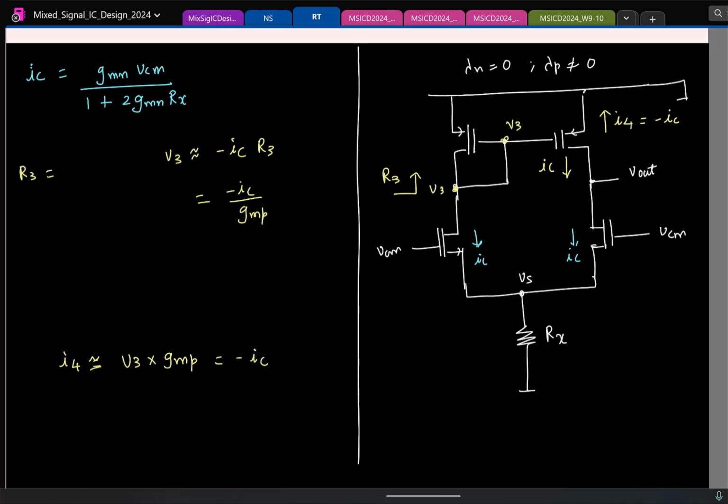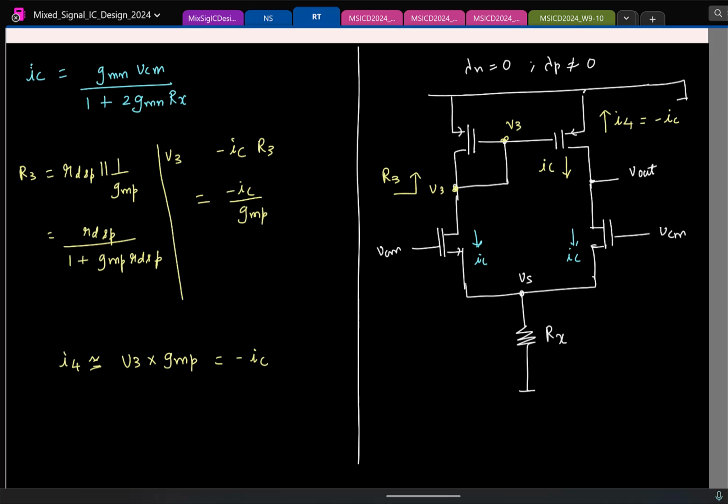If you simplify this, you get RDSP by 1 plus GMP times RDSP.